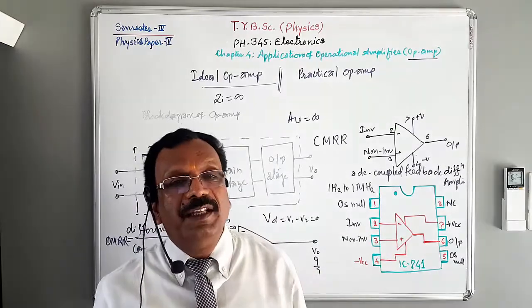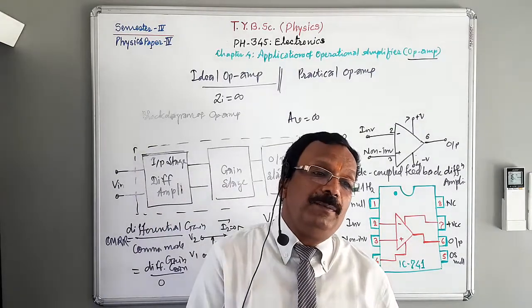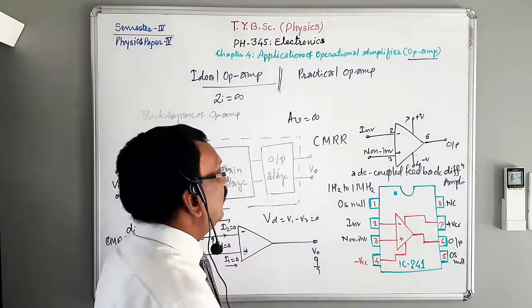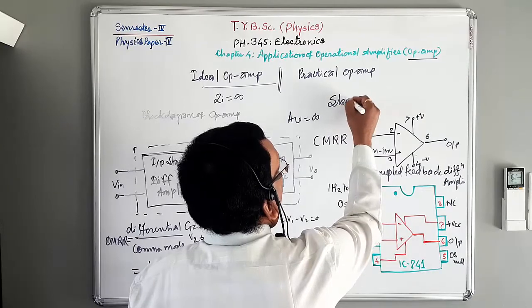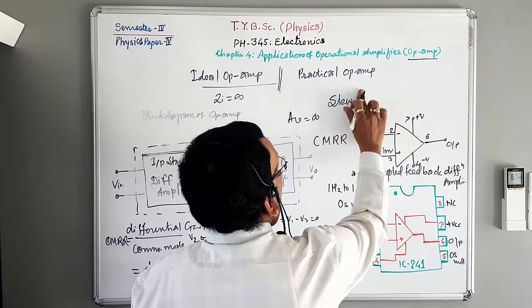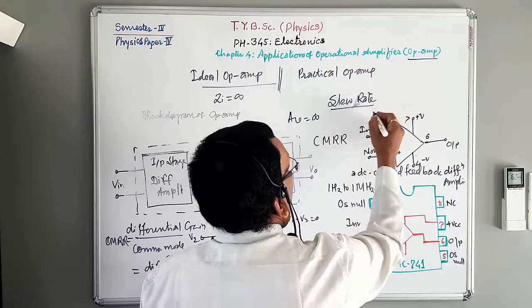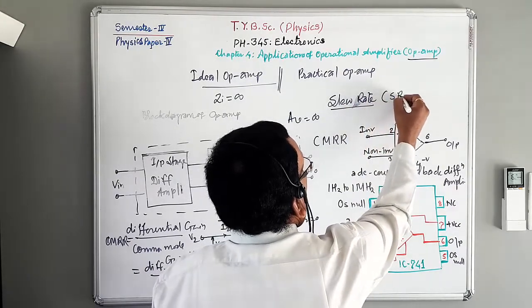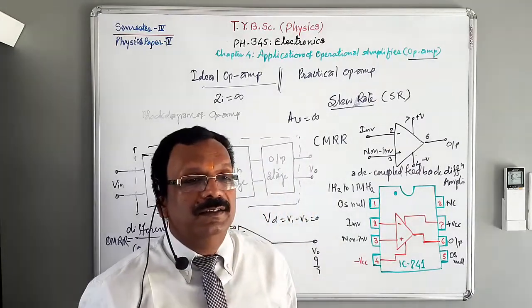The next characteristic is very important, slew rate, which is denoted by SR. What is slew rate?